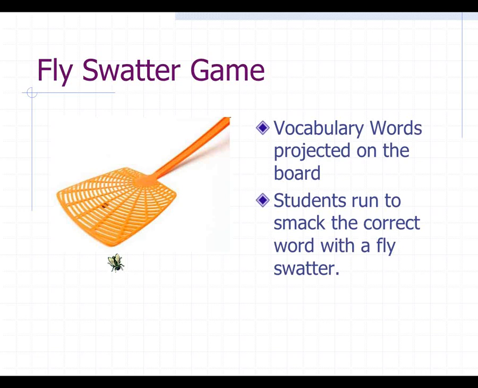So you just write or project all of their vocab words onto the board, and then you call out one of the definitions. One student from each team runs from the back of the room to point at that word, and the first person to point at it gets a point for their team. So that's a tried and true favorite.